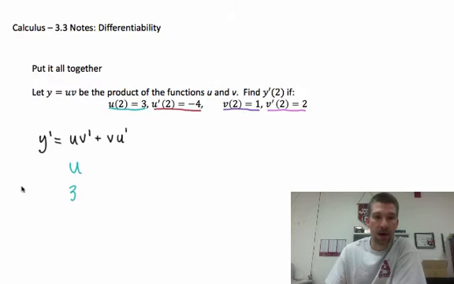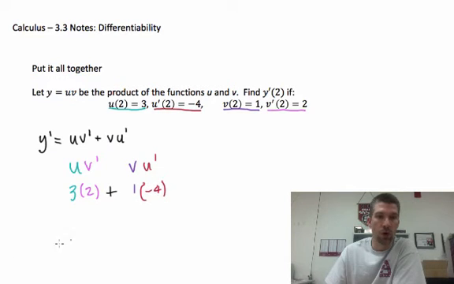times v prime. V prime is this pinkish color. So when I look at v prime, that's this pinkish color over here too. U times v prime plus v, which is in purple. So v, which is 1, times u prime, which is negative 4.